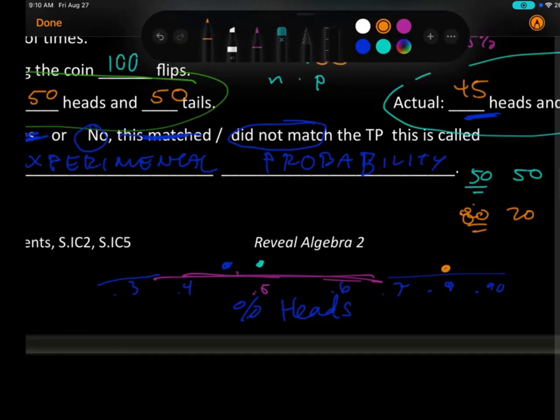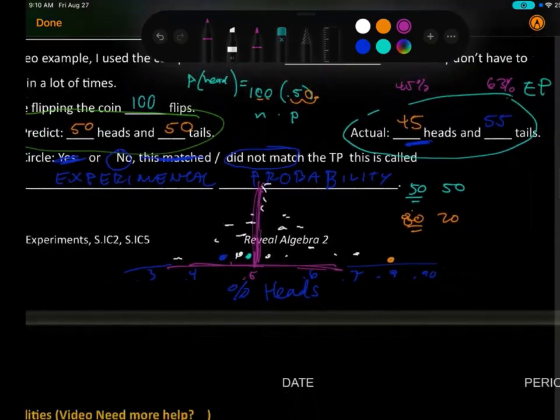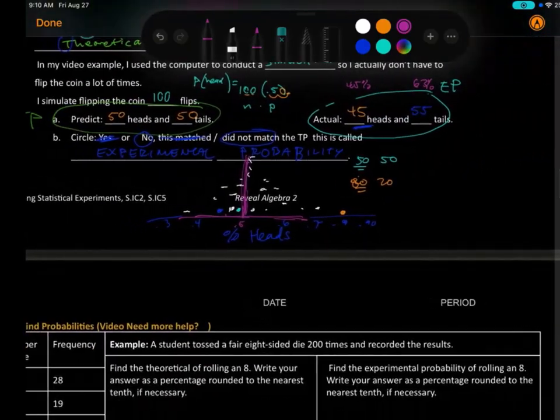And if you do this experiment, this simulation over, I don't know, 2 million times, you'll notice something. What you'll notice is that it'll come all over the place, but your dots will keep starting to stack, and you'll realize that they stack right here towards the theoretical probability, and they call this the law of large numbers.